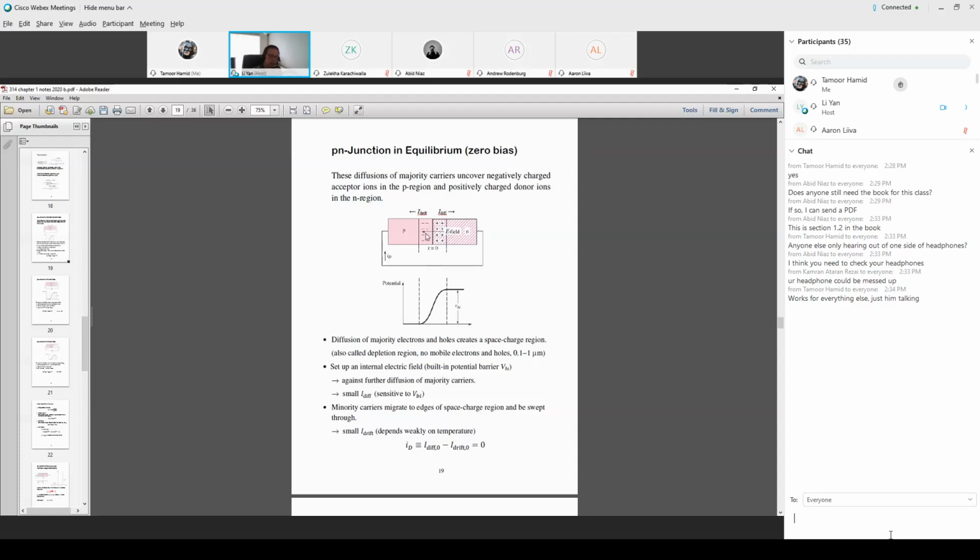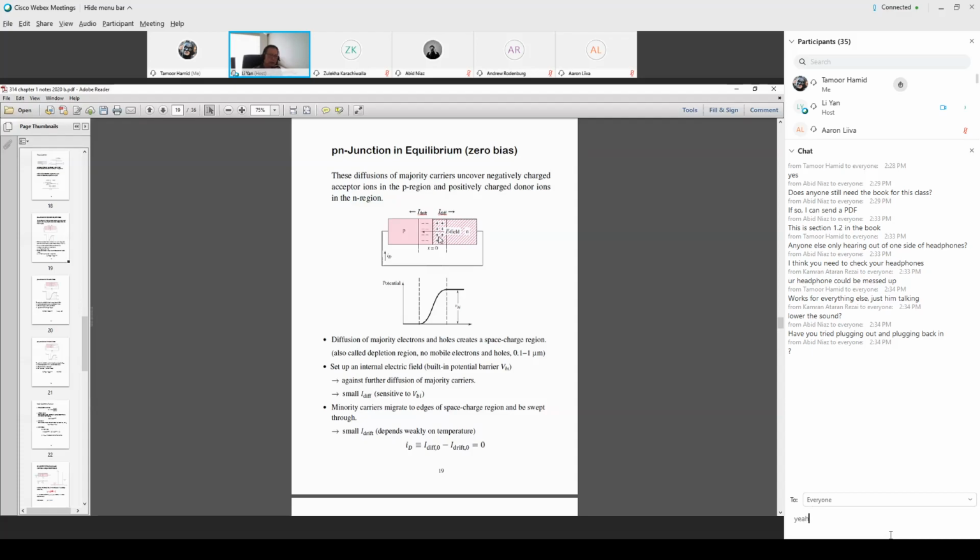Holes near the interface diffuse into the n region. We call this region the depletion region because the mobile electrons and mobile holes have diffused away. What's left are exposed ions, or atoms.